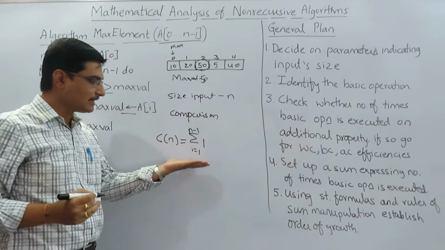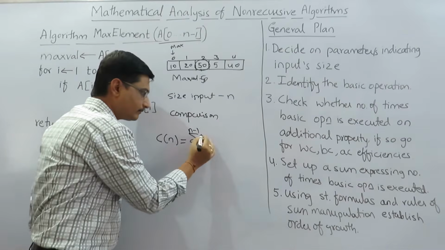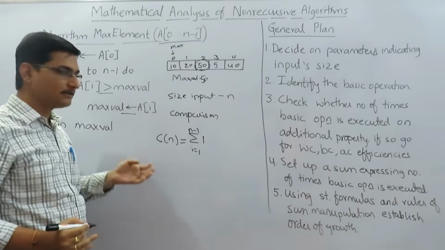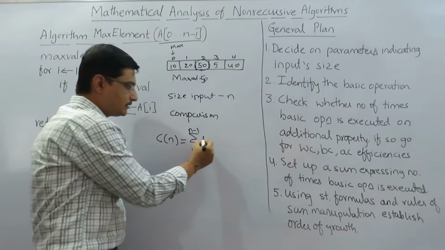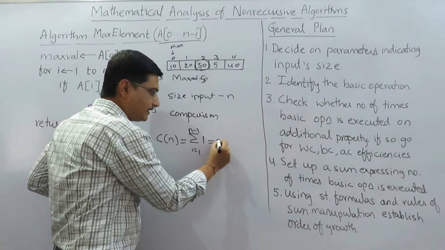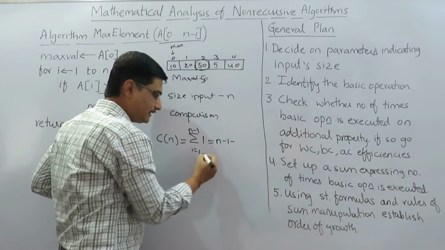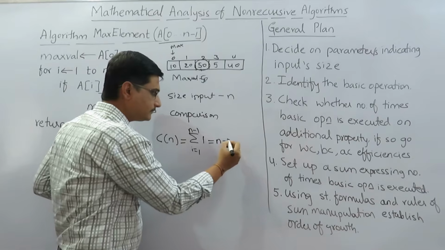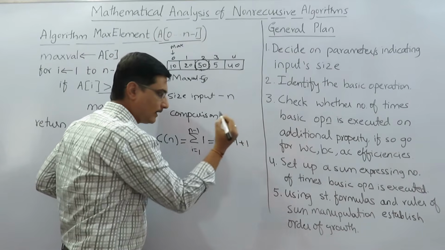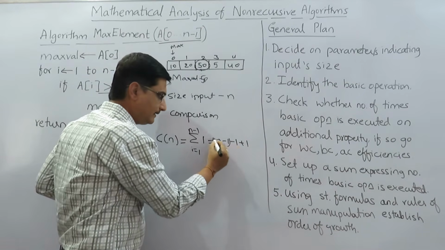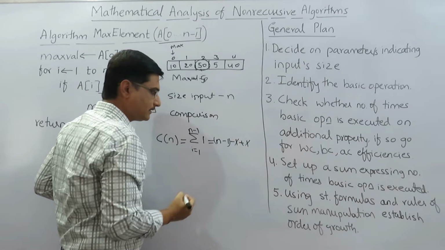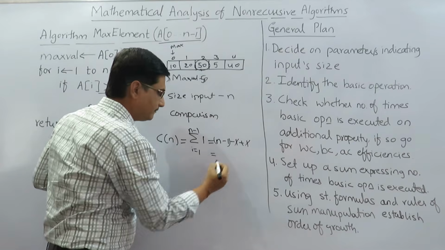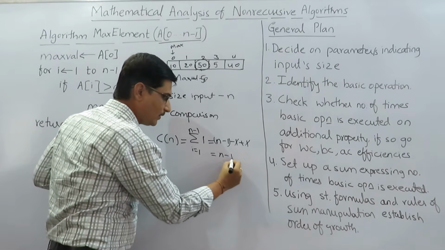So we can set up a sum like this. It will be executed one time, so this is of the form summation from lower limit to upper limit. This will be n minus 1, that is u minus l plus 1, the upper limit minus the lower limit plus 1. If we apply that, then this one cancels. So this will be executed n minus 1 number of times.